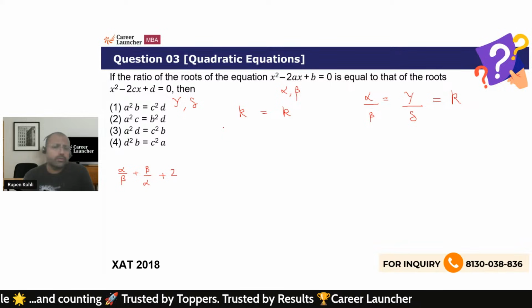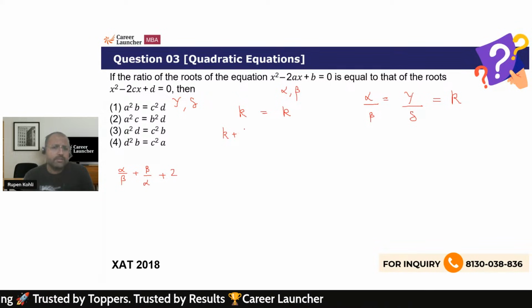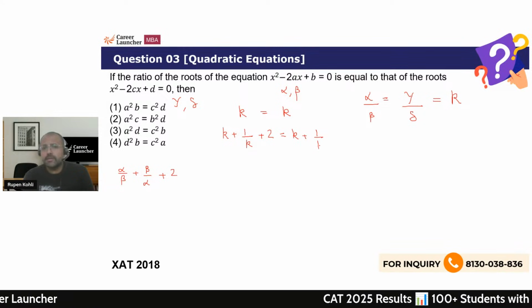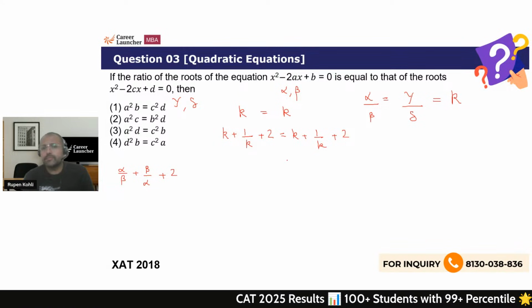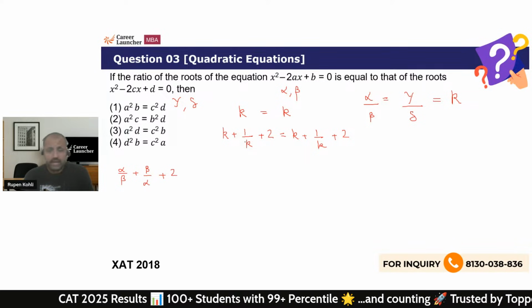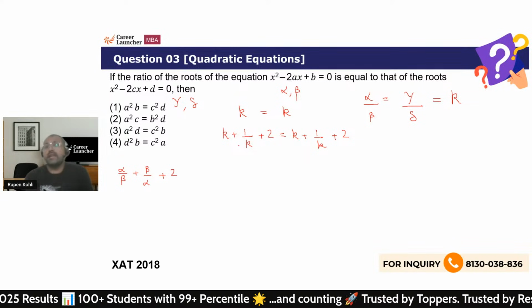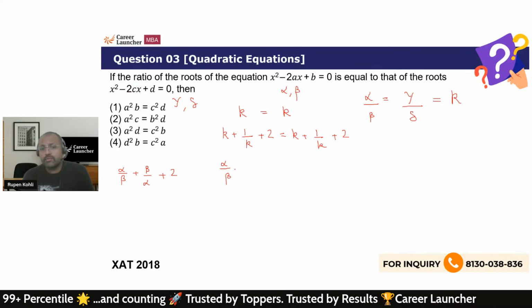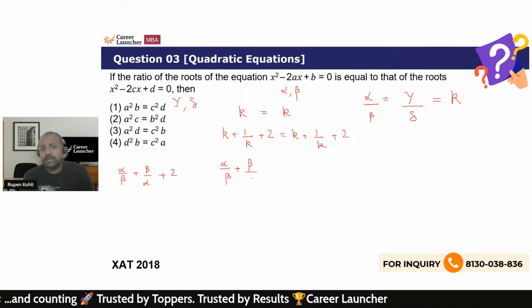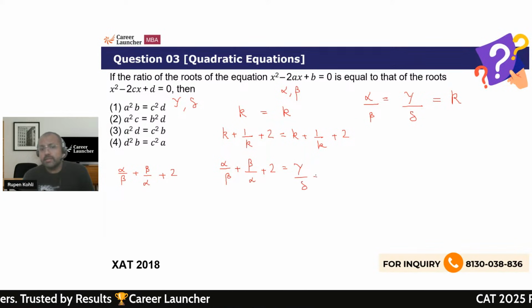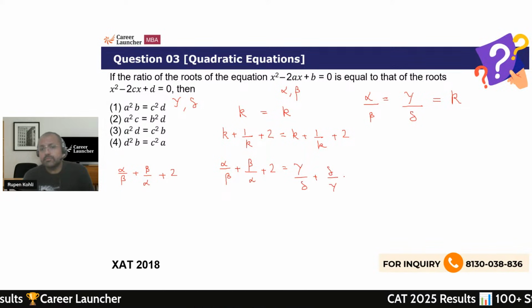So is it not okay to say if k equals k, then k plus 1 over k plus 2 would also equal k plus 1 by k plus 2? I'm taking a hint from the options and writing my equation in the form to generate alpha plus beta whole square. So is it not okay to say that alpha by beta plus beta by alpha plus 2 equals gamma by delta plus delta by gamma plus 2?